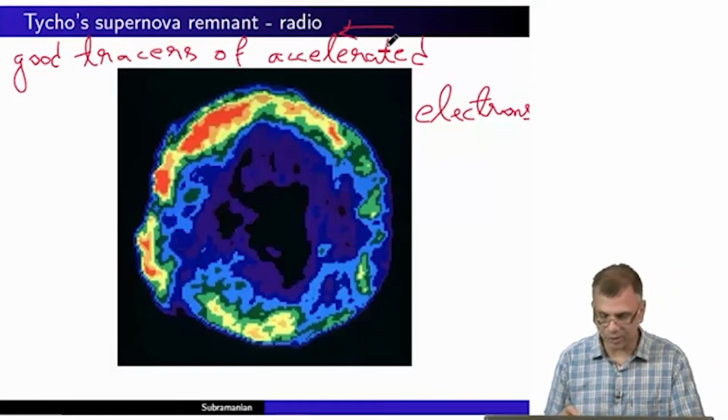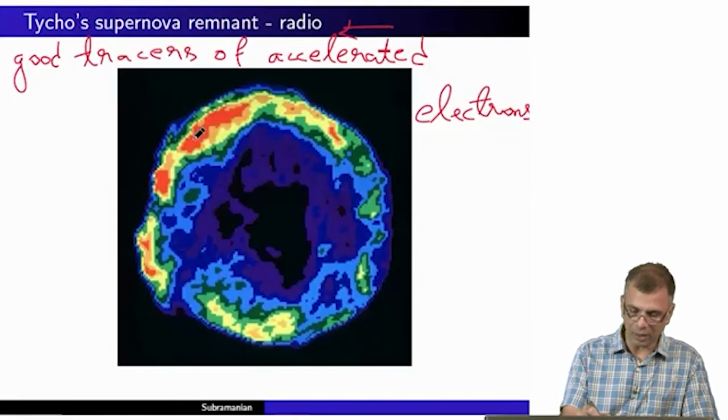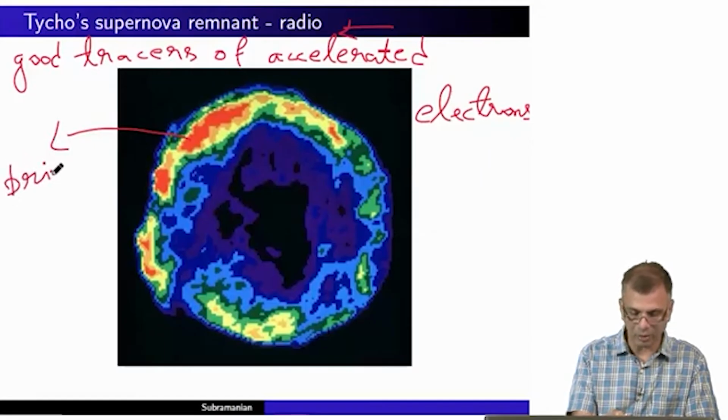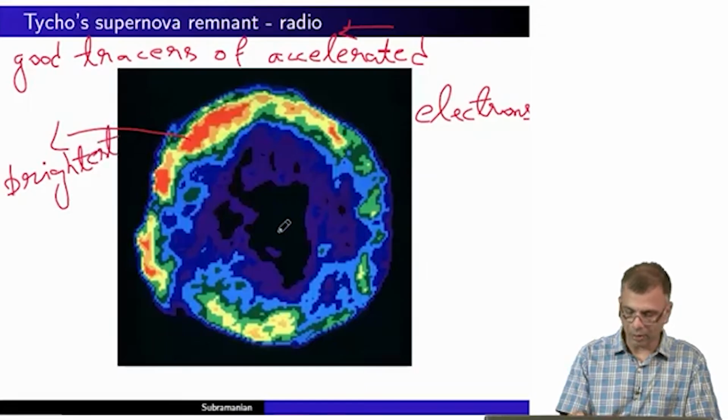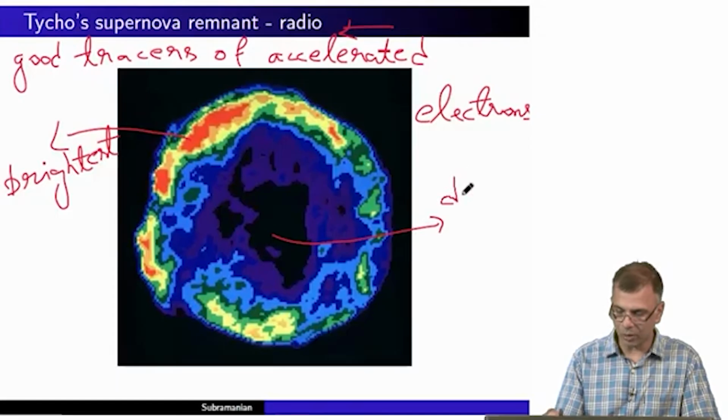And this picture is essentially showing you, the color code is that the red would be brightest, and here the deep blue would be dimmest.